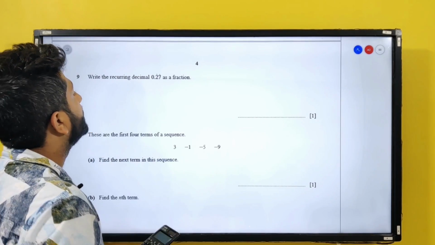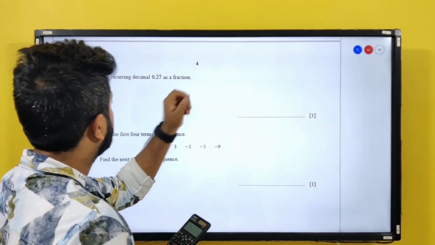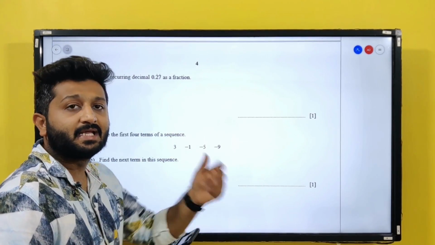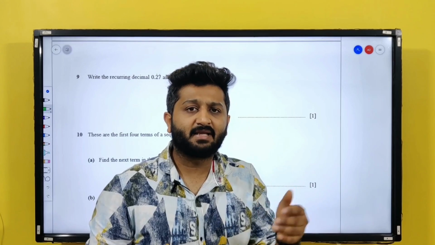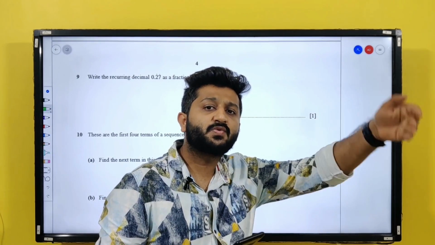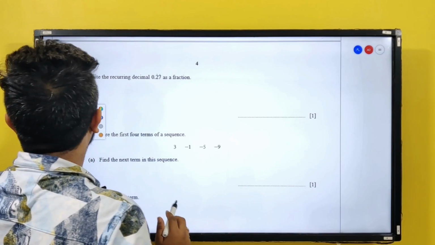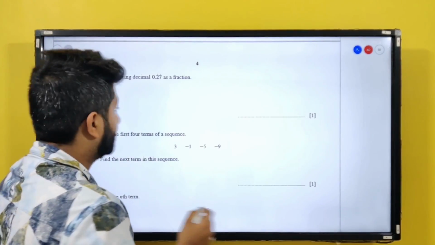Write the recurring decimal 0.27 dot dot as a fraction. Okay. See here, two digits are getting repeated. So the number is something like 0.2727272727. So what do you do? You multiply this by 100.